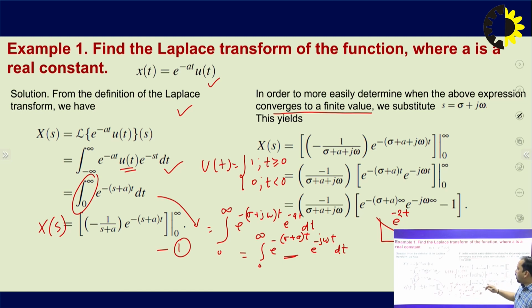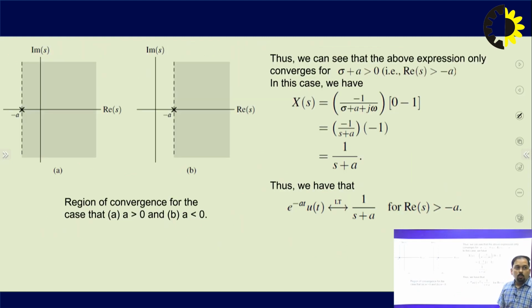We have seen that once σ plus a is greater than 0, the above expression X(s) converges. This can be further simplified, as we are aware that σ is nothing but the real part of s. So the real part of s must be greater than some constant, which is minus a.